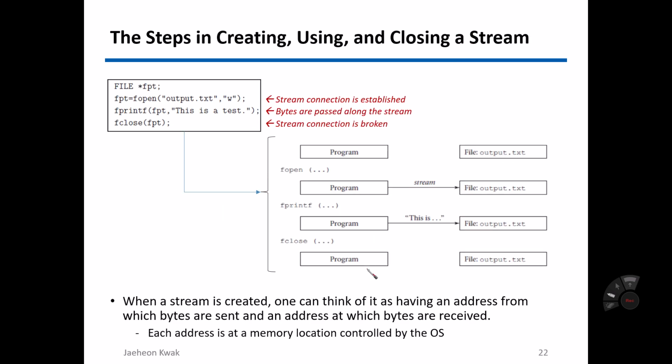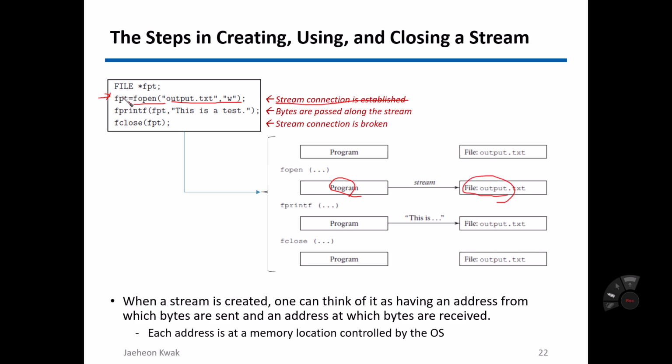Let's see an example of using a stream. I think these examples are very simple and easy because most of you have already tried this in your C programming classes. This fopen command will open this file, and it will create a stream connection between the program and a file.